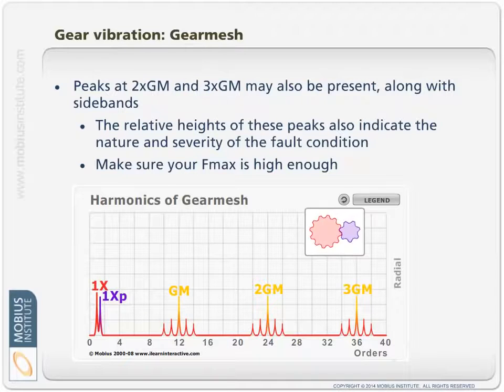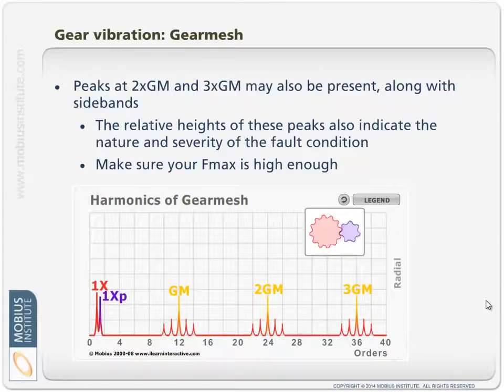Now, a lot of the classical vibration analysis wall charts focus on what happens with the gear mesh, twice gear mesh and 3 times gear mesh frequency. The relative heights and how they change over time give us an indication of the different fault conditions, and you can use those rules and let them provide an indication of what's going on.